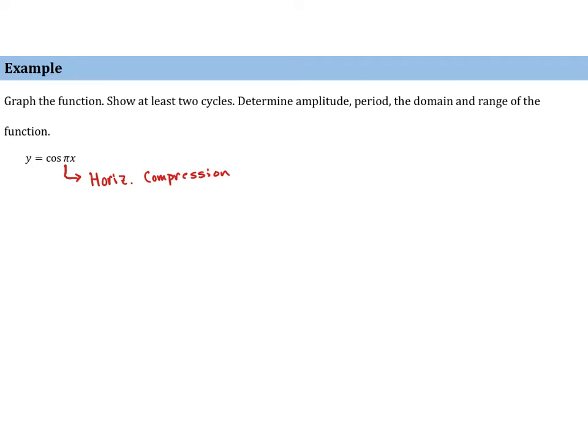If it were smaller than 1 in magnitude, then it would be a stretch. So therefore, that will affect the period. The period originally is 2 pi, but it's getting scaled by a factor of pi. So therefore, the period is 2, which means that the increment is the period divided by 4. The amplitude has not changed.